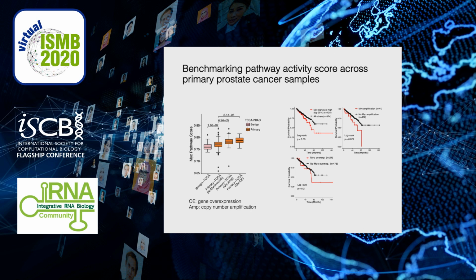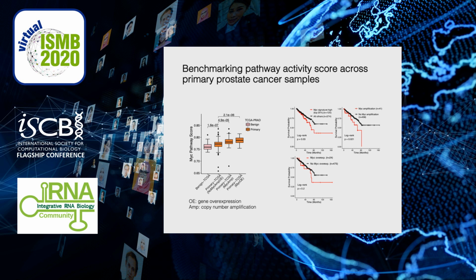So the next thing we did is to benchmark the pathway activity score calculated by PEGASAS. We utilized the MYC oncogenic signature as the most established and validated one. We tested on the primary prostate cancer from TCGA as it has rich annotation of MYC activation, like copy number amplification or mRNA overexpression.